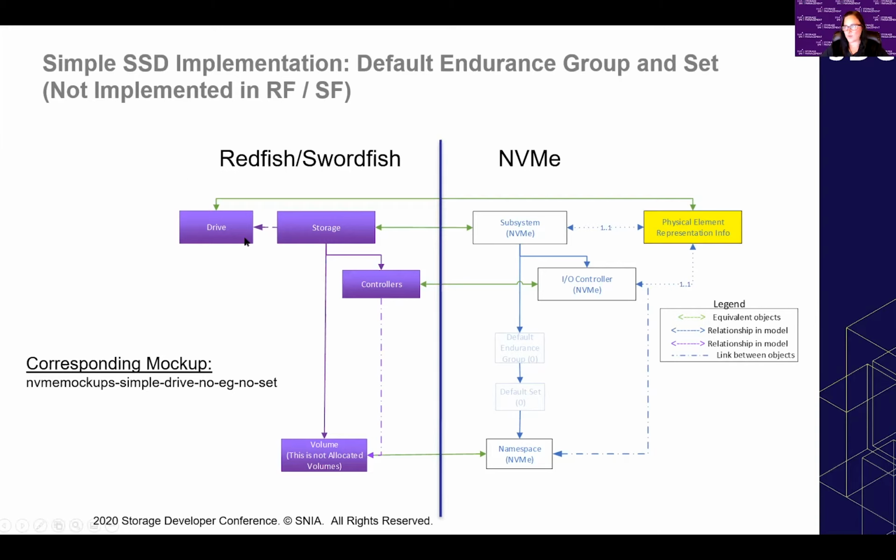And so this is where we represent FRU information and other information that, over here, we call the physical element representation. So this is basically how we encapsulate the information you want to present in your system, but that isn't directly in the spec.